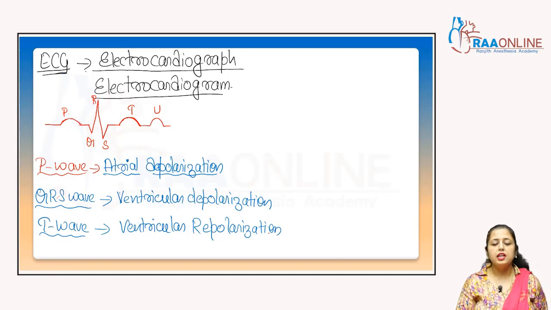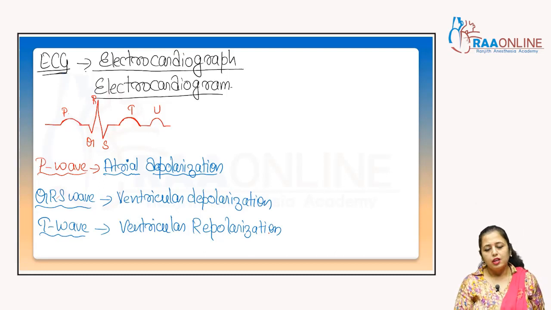It appears at the end of the systole. Clear? So simply, the P wave represents the atrial depolarization, the QRS complex or QRS wave represents the ventricular depolarization, and the T wave represents the ventricular repolarization, right?